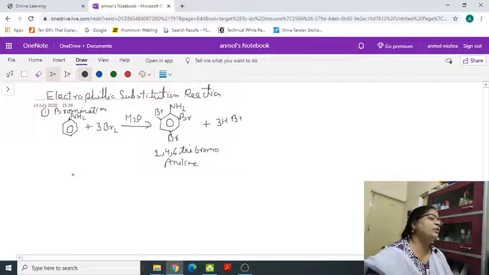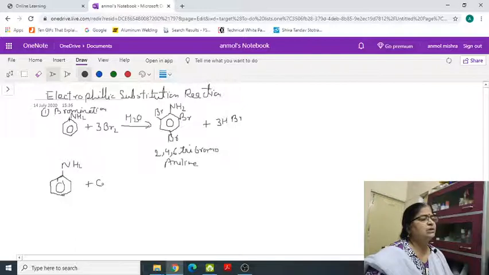So if we want to make a monosubstituted product, then protection of the amino group is done. For that, first aniline reacts with acetic anhydride in the presence of pyridine.